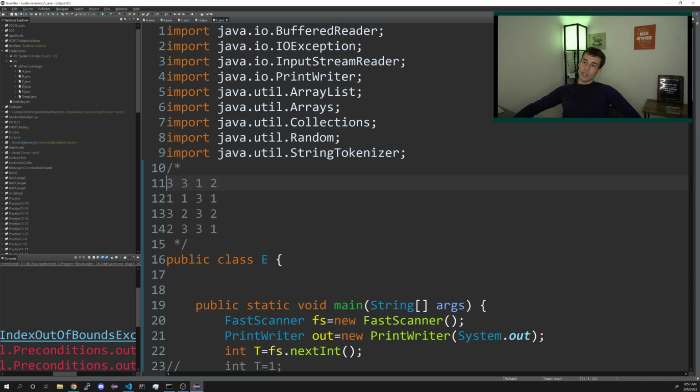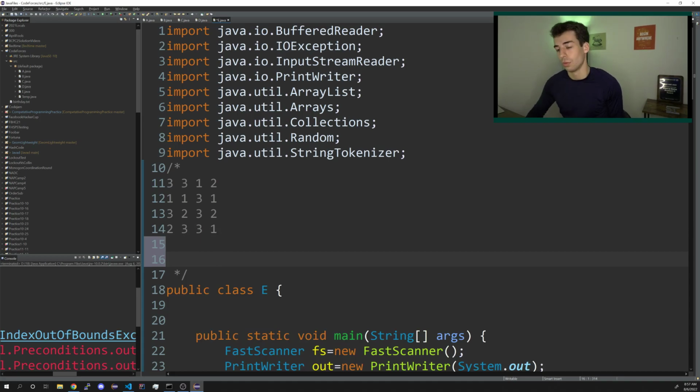If we do this, then this, then this, then this. AB, AB. What happens?